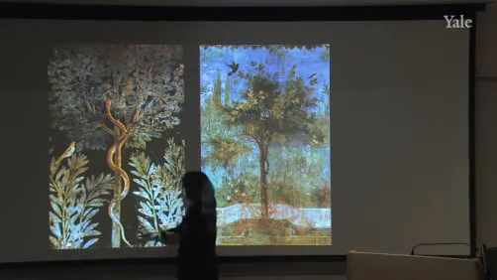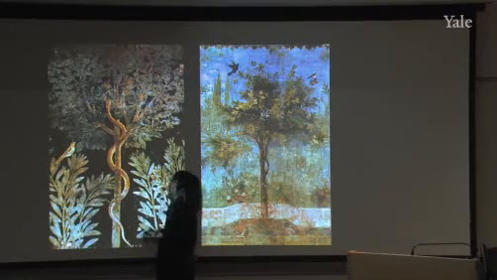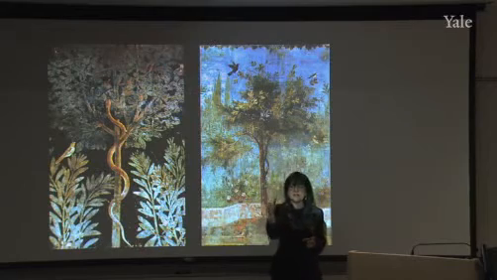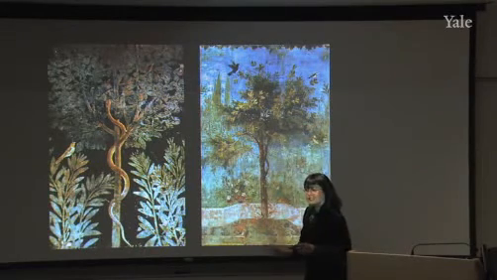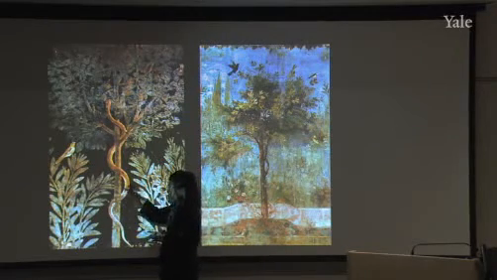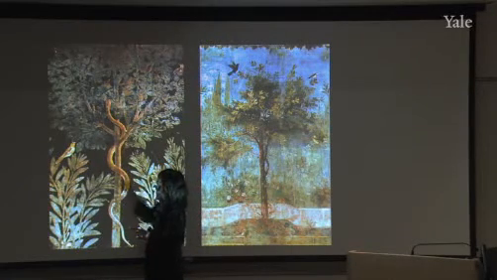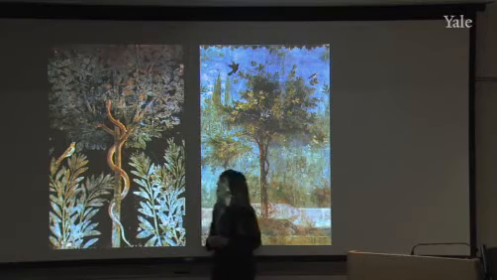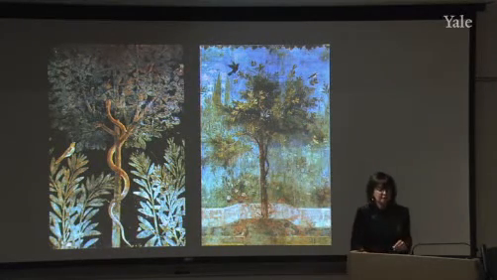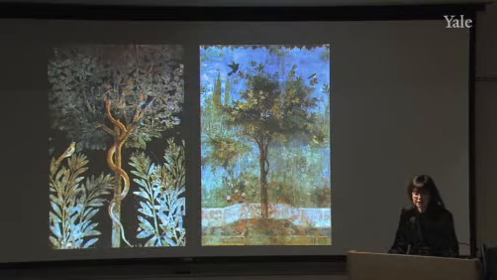The sinuous snake that makes its way up the tree, you have some sense again of this. They're teasing us here. There's some sense of depth because as it slithers all along here, you get the sense that it is intertwining itself with the trunk of the tree, so that maybe there's a hint of some depth and some motion there.